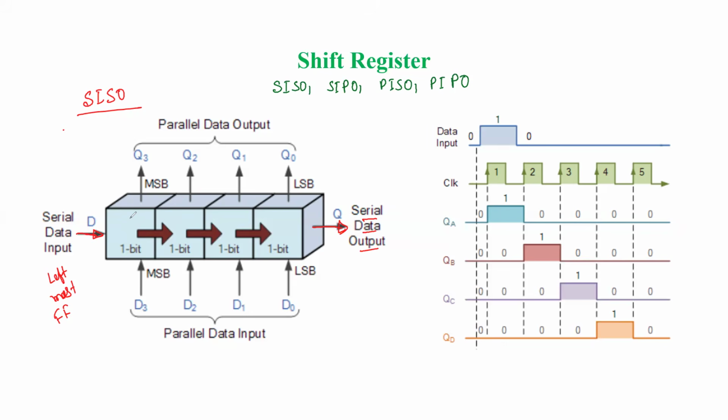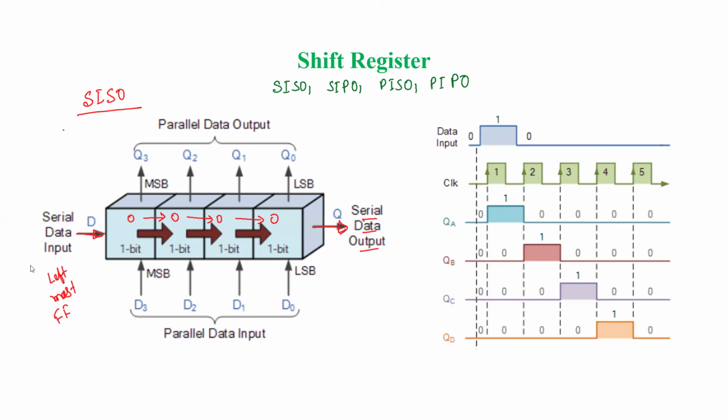Suppose for example we have 0 here, then in the next clock it will come here, again in the next clock it will come here, and again in the next clock it will come here. And in between, the data input successively passes from one flip-flop to another flip-flop.